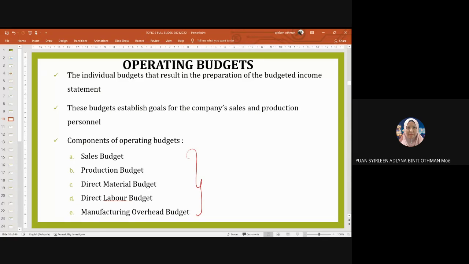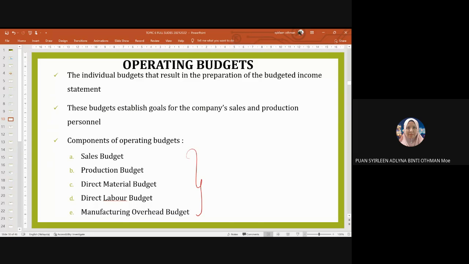Okay, masih ada simpanan. Alright, and then bila kita dah tahu berapa banyak production ataupun produk yang kita nak produce, okay, we can go about calculating the direct material. Okay, sebab kita nak tahu how much budget that we need to prepare in order to acquire all the direct materials. So this is actually apa yang kita buat dalam assignment punya.